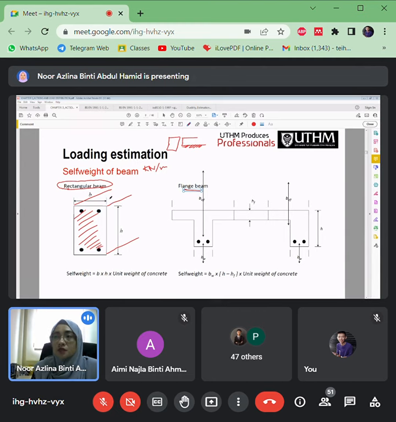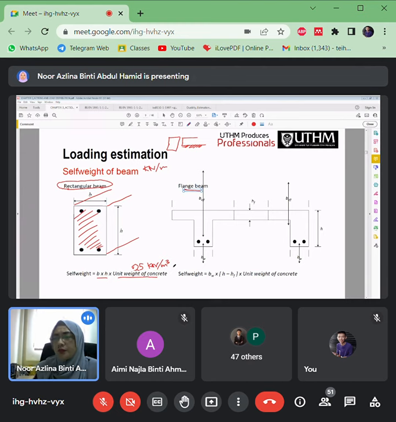We just consider B, the width, and the height here. The cross section size B multiplied by the height, you have to multiply with the unit weight of concrete. Remember, for concrete it is 24, 25.